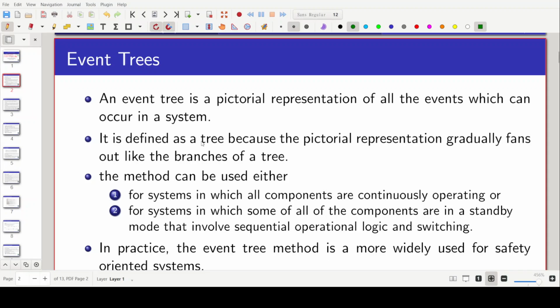So what is event tree? An event tree is a pictorial representation of all the events which can occur in a system. It's a pictorial representation of all the events. We'll shortly see how an event tree looks like for a protection system.